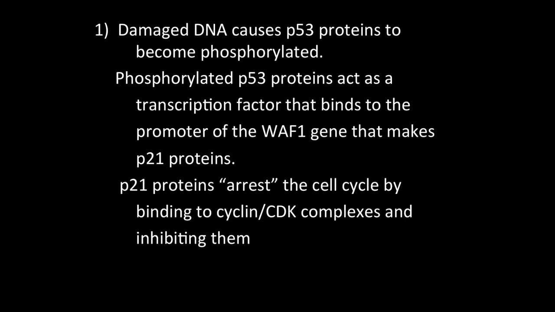So whenever you have a molecule that will bind to an enzyme and stop it from working, you're looking at an inhibitor. So the p21 proteins bind to the cyclin CDK complexes and inhibit them from being able to do their job. Think about what cyclin CDK complexes are. These are the signals that tell the cell to move past the checkpoint. If p21 binds to this complex, the signal is turned off. It can't tell the cell to move past the G1 to S checkpoint. So p21 turns off that signal and basically stops the cell cycle.